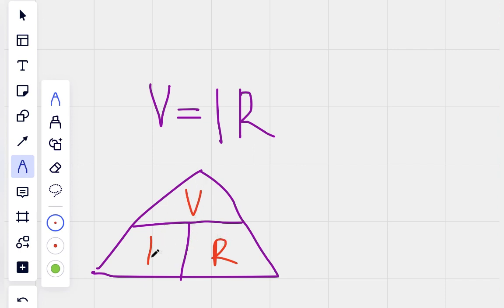If you're looking for the voltage, you multiply the current by the resistance. If you're looking for the resistance, you divide the voltage by the current. And if you're looking for the current, you divide the voltage by the resistance. So we've itemized this, we've looked at this extensively.